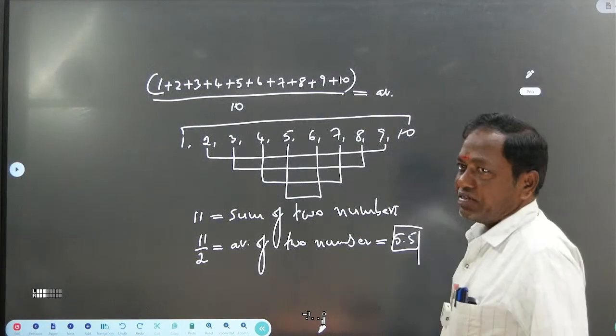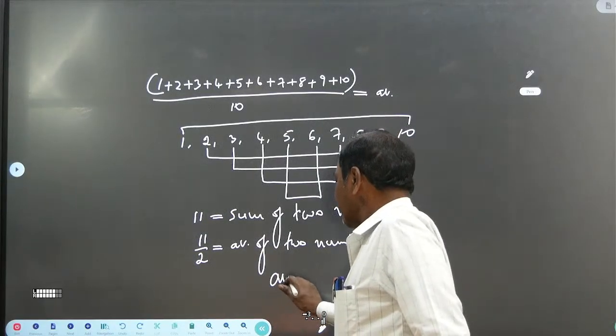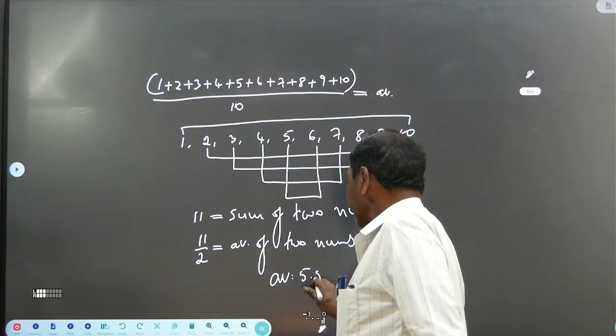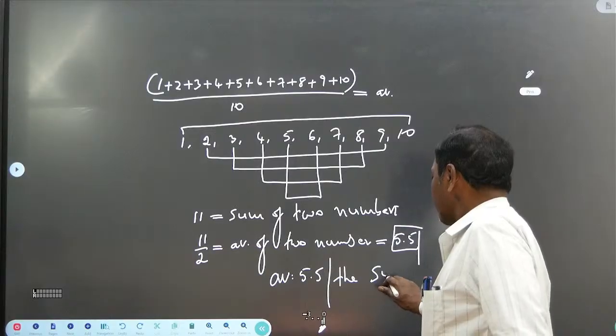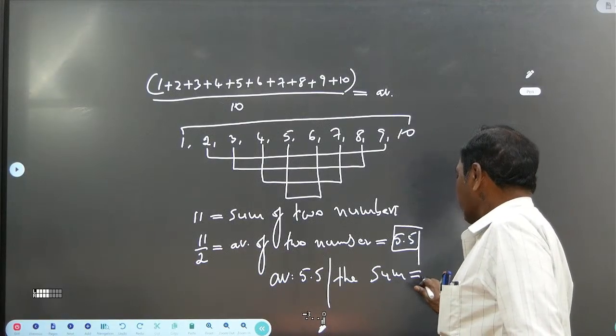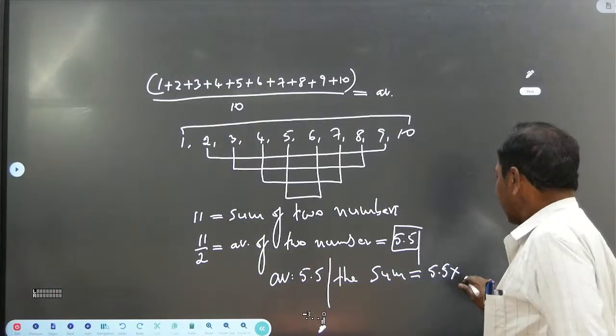The average of 10 numbers is 5.5. Then what is the sum? Sum equals 5.5 multiplied by how many observations there are, 10.